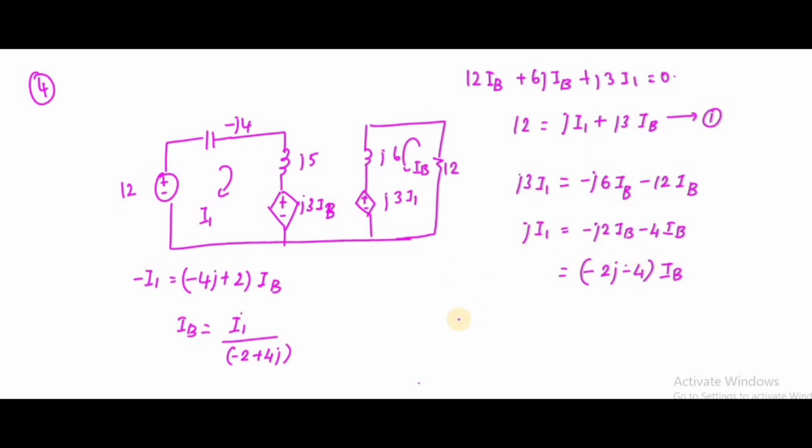You can substitute this value in the first equation. 12 is equal to minus (2J minus 4) into IB plus J3 into IB. On solving, we'll get (J minus 4) IB. Therefore IB is equal to 12 divided by (J minus 4).